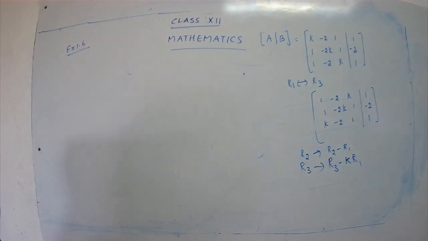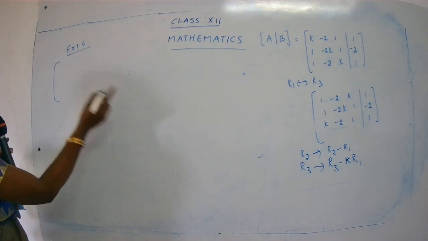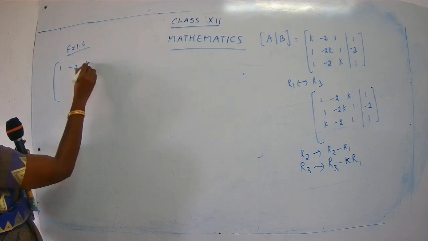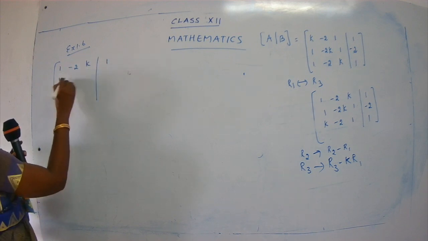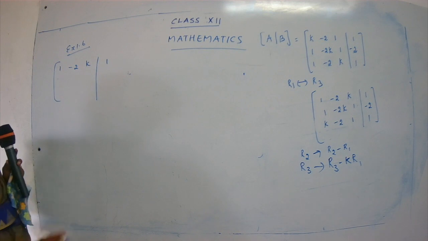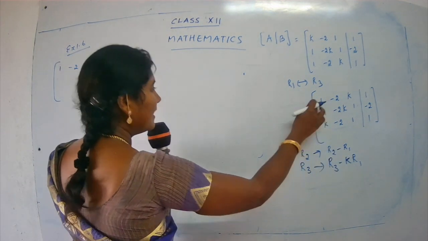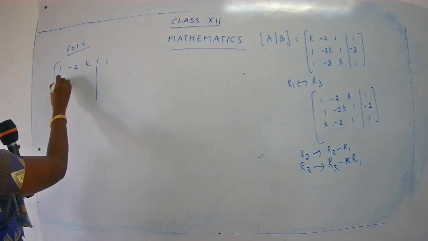Okay, let us do the conversion part. First row, we are not going to do any changes in the first row. So 1, minus 2k, 1. We have to change R2. So let's apply the conversions. R2 minus R1, 1 minus 1, 0.